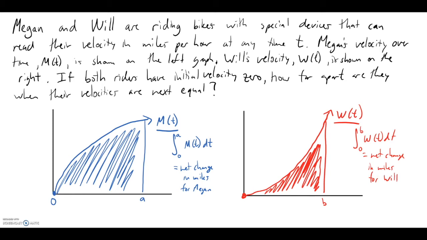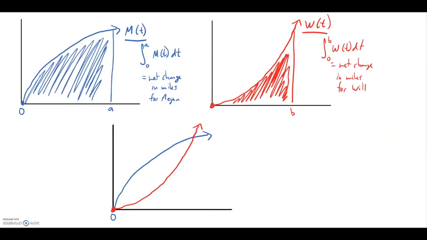And so at some point, what we're going to imagine is that these two graphs are going to intersect each other, at time c. And for that time, we could think about two things. I could think about the area, the net change for Megan's distance.